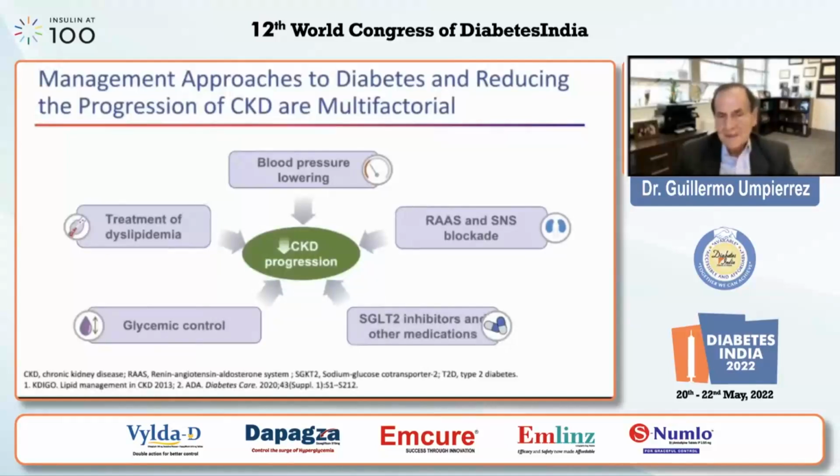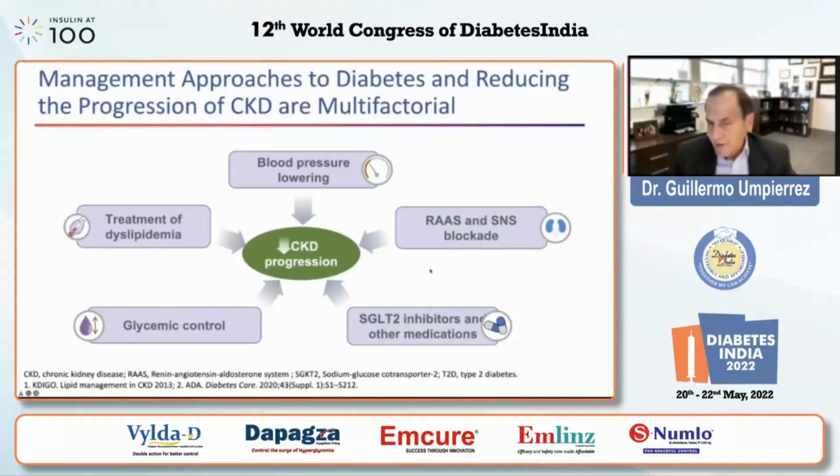So CKD progression, how can we alter that? Well, there are several ways. I'm a diabetes person, so I always think about glycemic control. Now we have blood pressure control, which is equally or more important than glycemic control in the short term. We have medications that help us: renin-angiotensin blockers, the ACE inhibitors and the angiotensin receptor blockers.